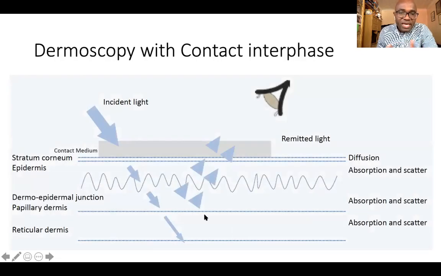Okay. Again, this is just showing you how incident light comes in, and then the reflection is remitted. Light all comes back because there's less absorption and less reflection. So the remitted light is high with contact, and that's a contact medium.